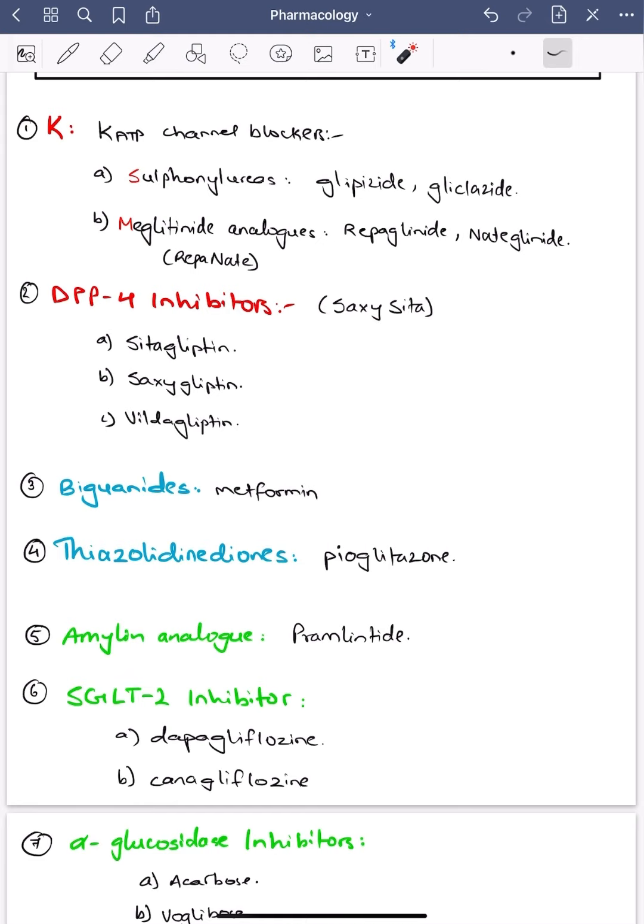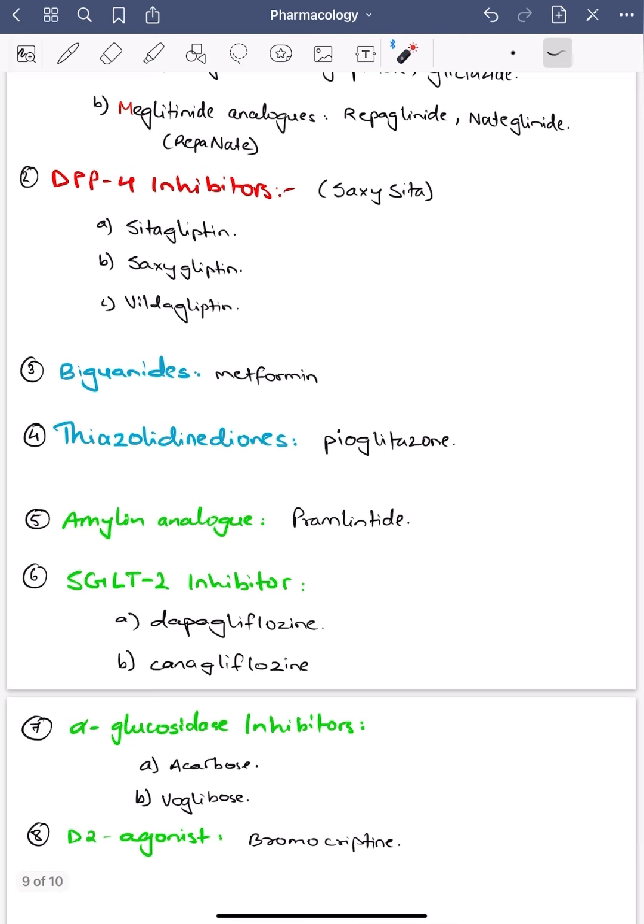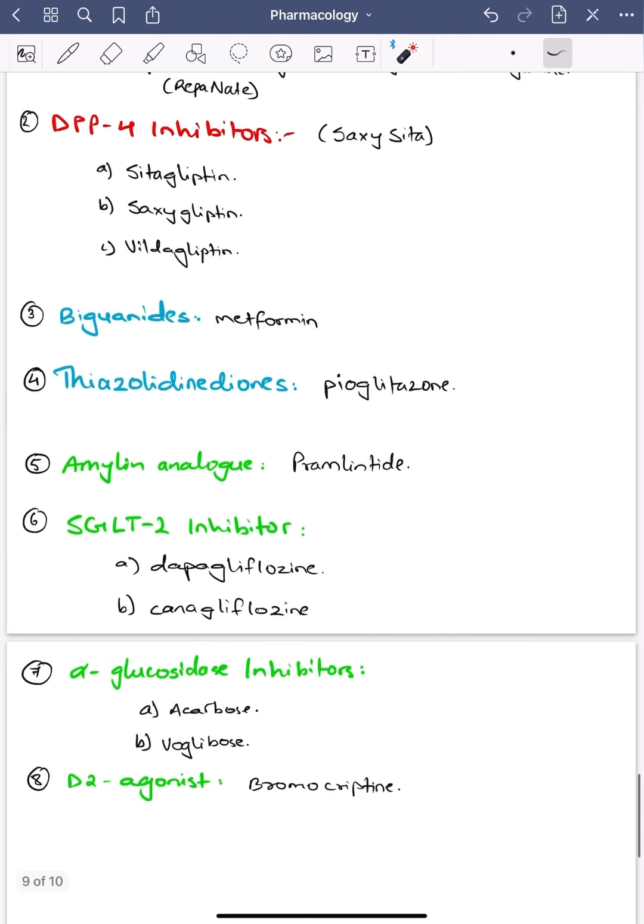Then we have the biguanides, which is metformin; thiazolidinediones, pioglitazone; amylin analogs, pramlintide; the sodium glucose cotransporter 2 inhibitors like dapagliflozin, canagliflozin; alpha glucosidase inhibitors like acarbose and voglibose; and D2 agonist called bromocriptine.